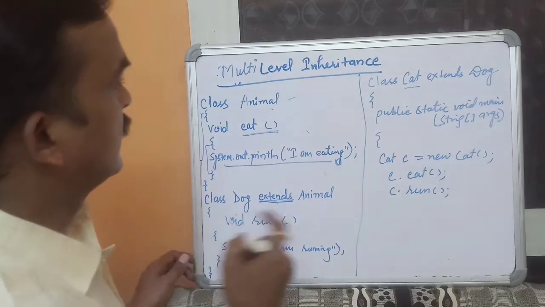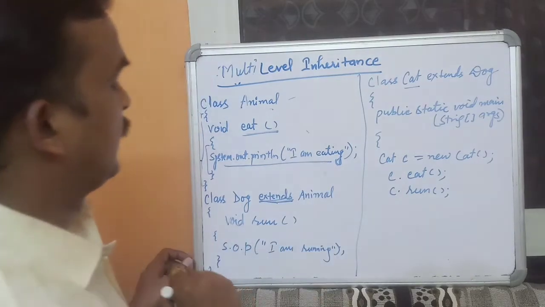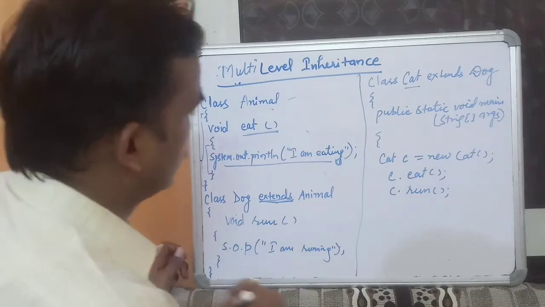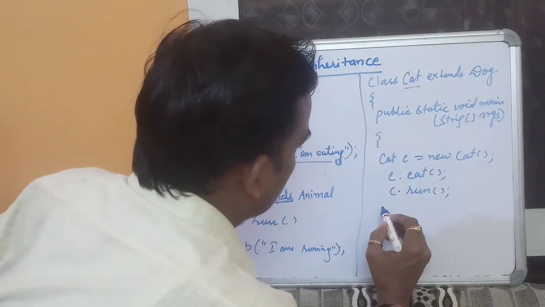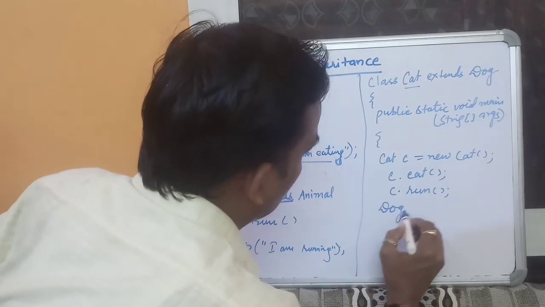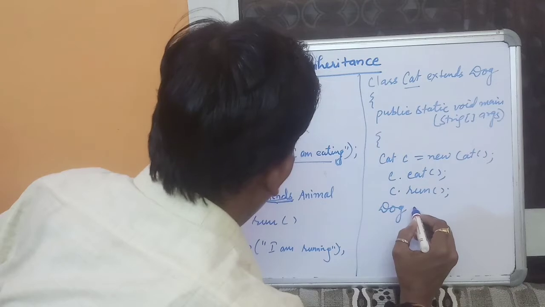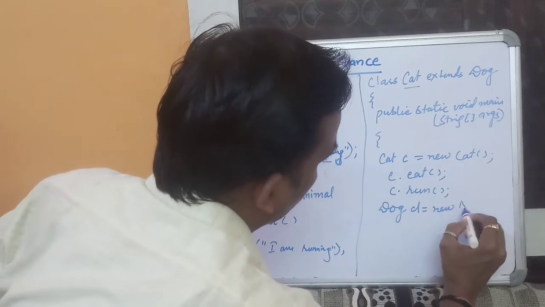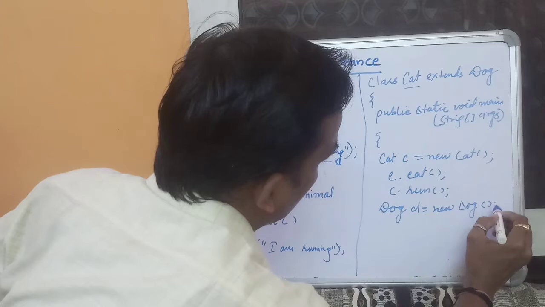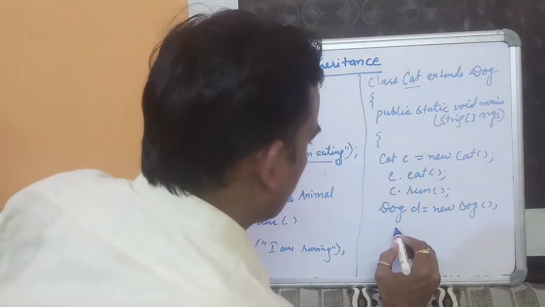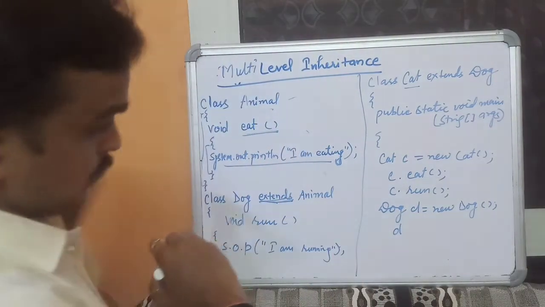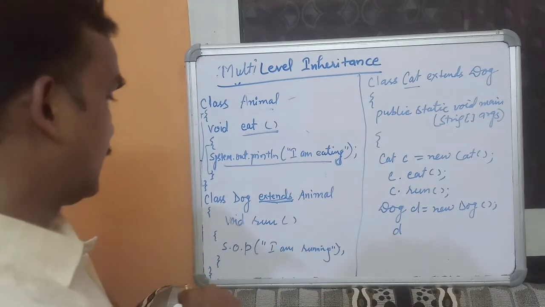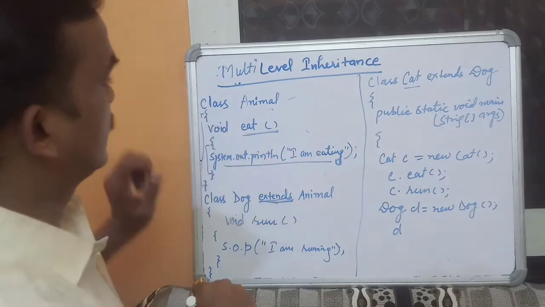So that is class C. We can also use class B, B means B method. So here we can also use dog d equals new dog. This object will access the animal class method.